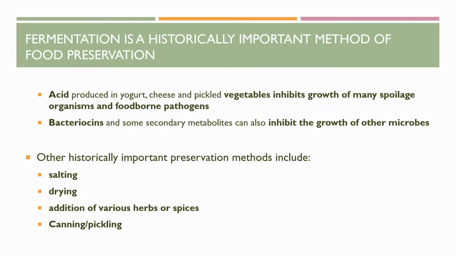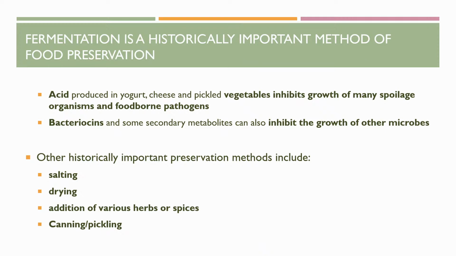Just like we can create an antibiotic to kill off bacteria, there are bacteria that can produce an antimicrobial compound to help limit the numbers of other microbes that could start trying to grow and spoil the food. Those are bacteriocins. So it's like an antibiotic made by bacteria, essentially, in theory.